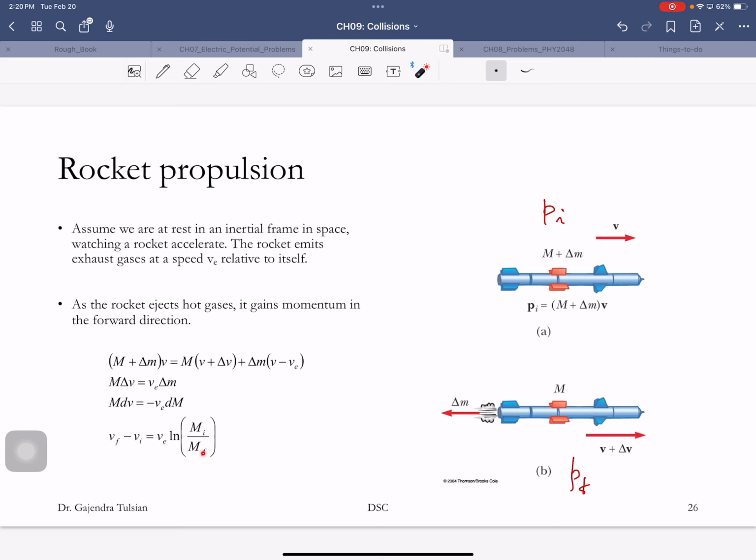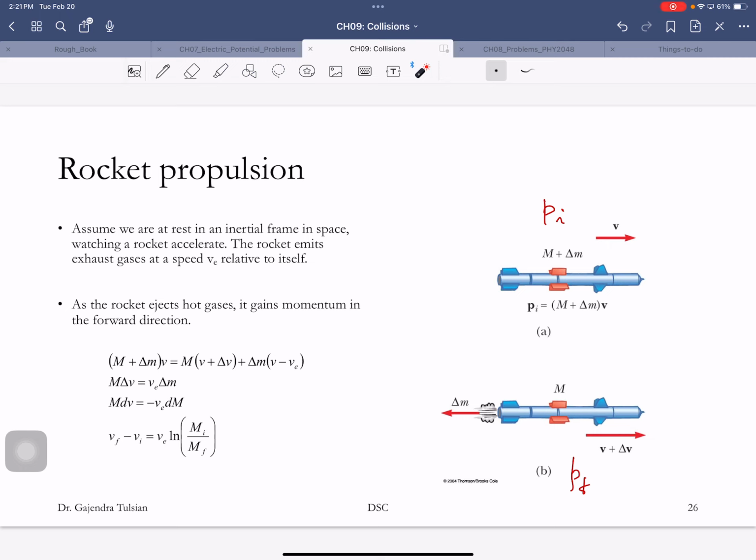Isn't this guy 0? Shouldn't that be 1? And that would be 0. No, for a rocket, your initial mass is about 10 times your final mass. So this is the natural log of 10.